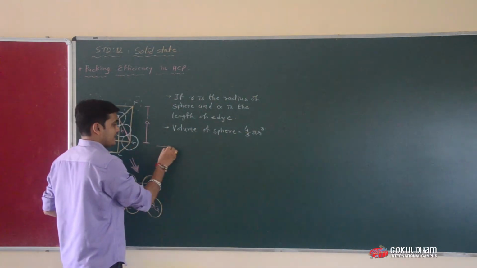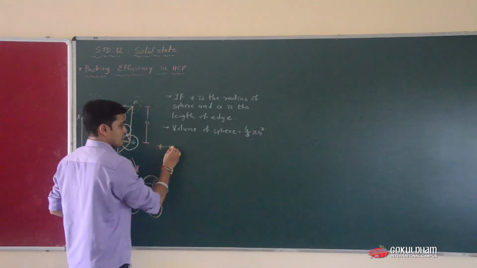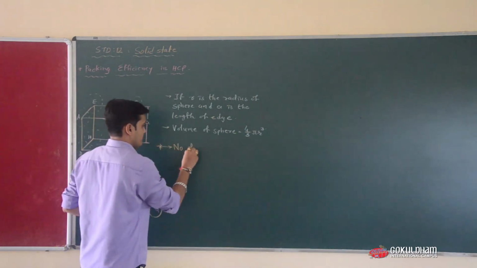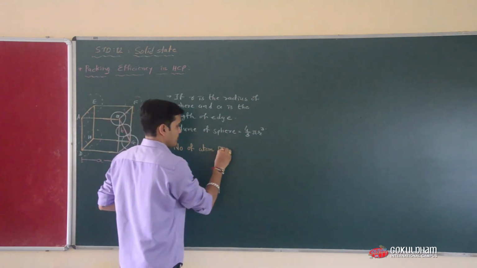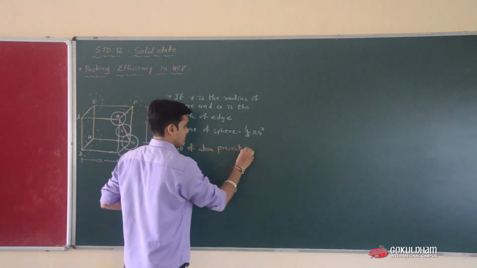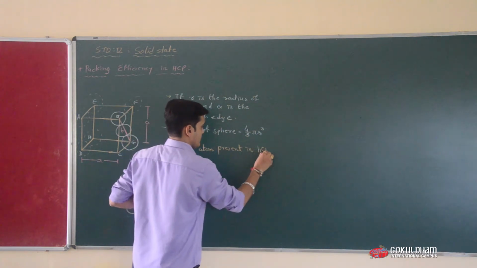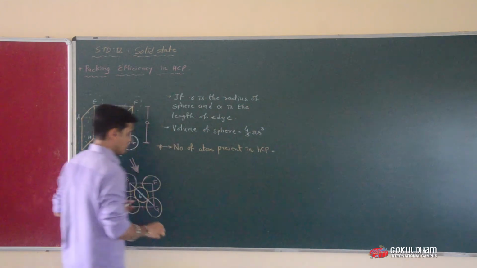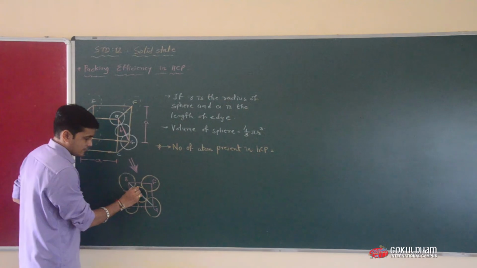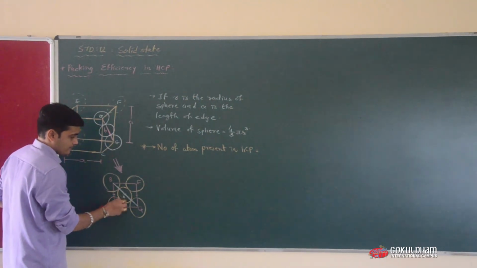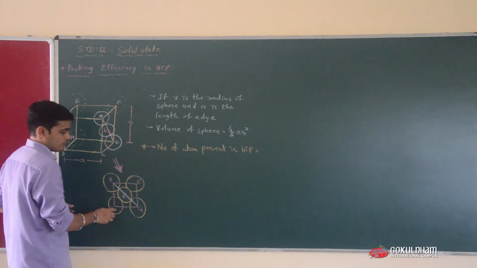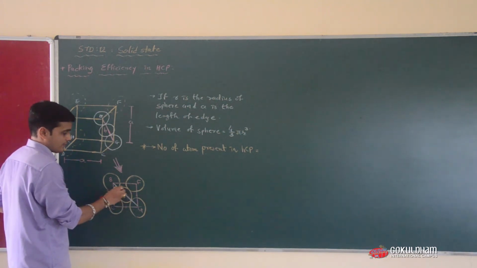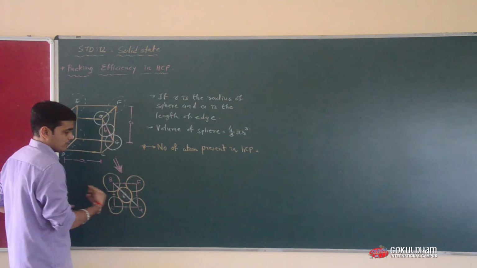Now our highlighted point, the number of atoms present in HCP. You can see that this is our center atom, and these four spheres are directly in contact with the center sphere.